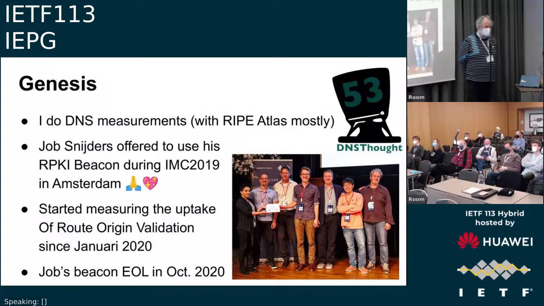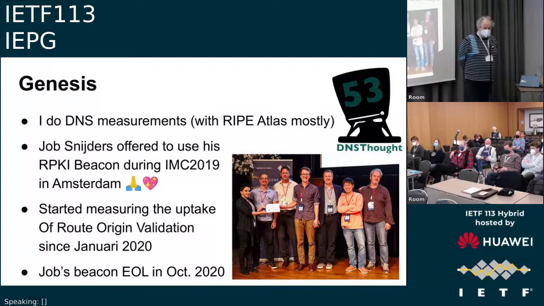And we learned at this conference that there was a person called Job Snijders who had the RPKI beacon. And we spoke to him and asked him if he could use his beacon to do this kind of measurements. And Job allowed that. And thank you, Job, for that. That was really great.